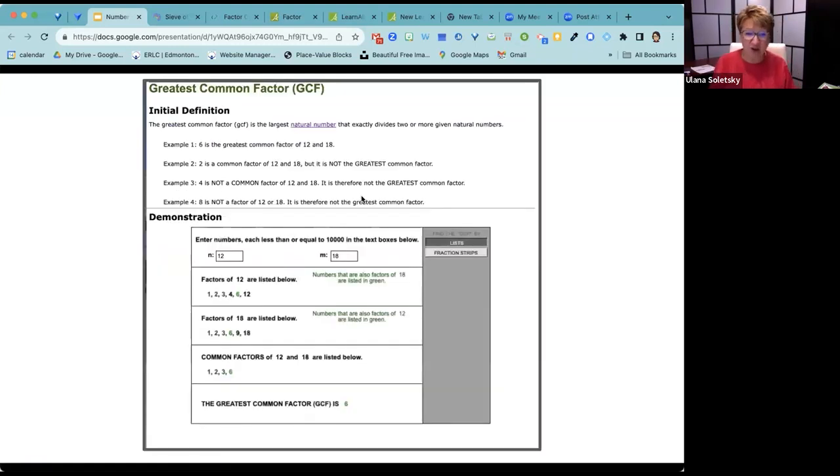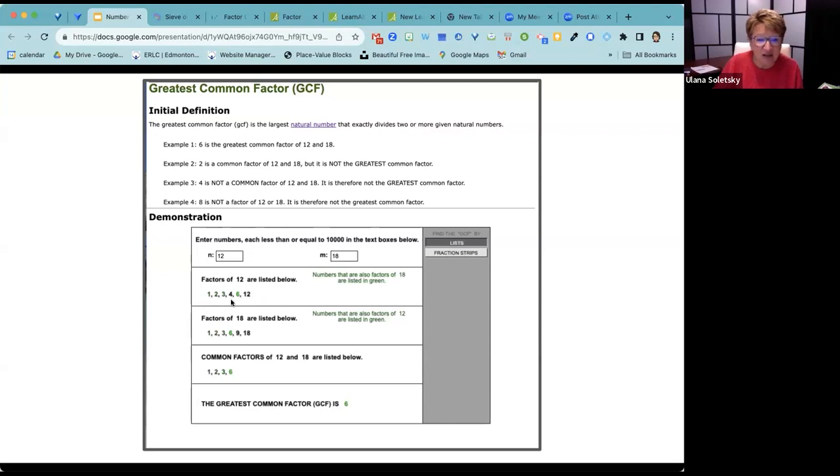Okay, and the greatest common factor, it's the largest number that exactly, not evenly, but exactly divides 2 or more given numbers together. So you could also go to the Alberta Ed website because it actually will help you with doing that also. So for example, I just did this one here where it's number 2 at 12 and 18.